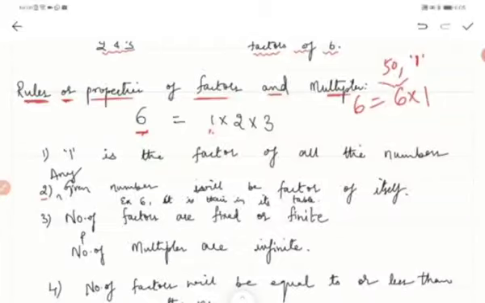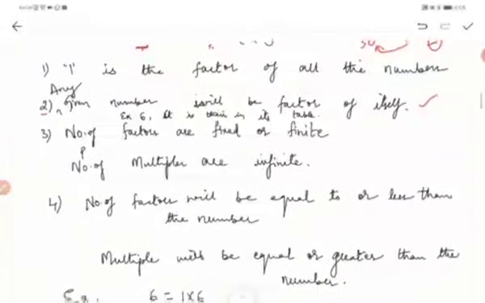So it is a factor of itself. If I take 50, I can write 50 into 1. So 50 and 1 are the factors of 50. So 1 is a factor of any number, and any number is also a factor of itself. I hope you understood the second property.